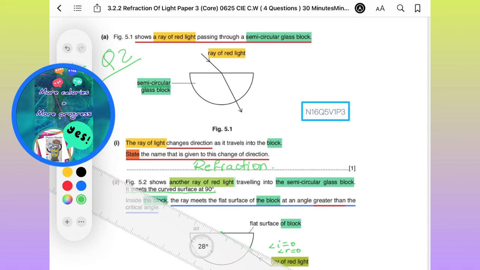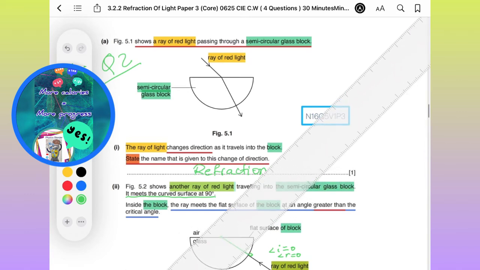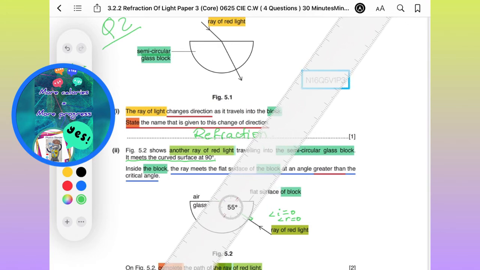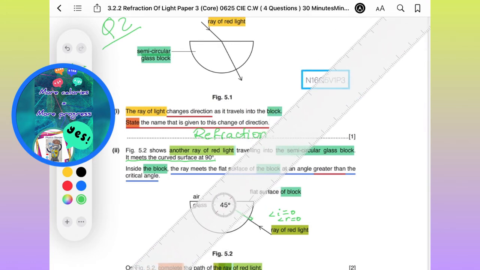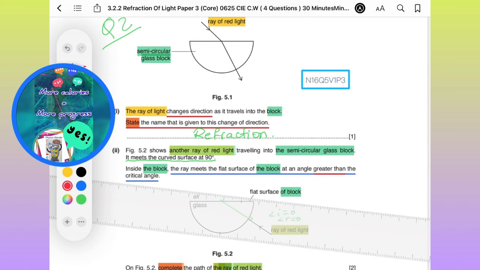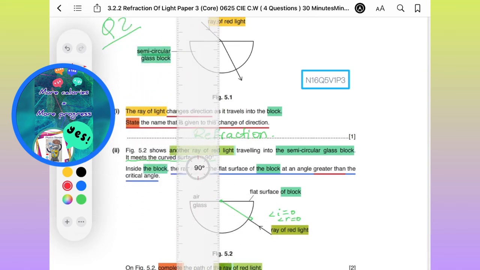So if you draw a tangent here, this line will be at right angle to the tangent at this point. Back to our question: you have to draw the normal at the boundary between air and glass at the flat surface of the semicircular glass block.